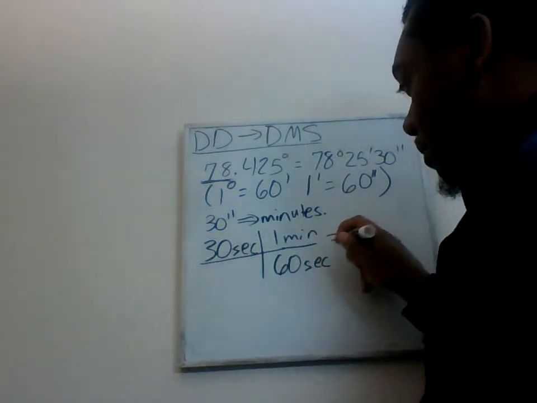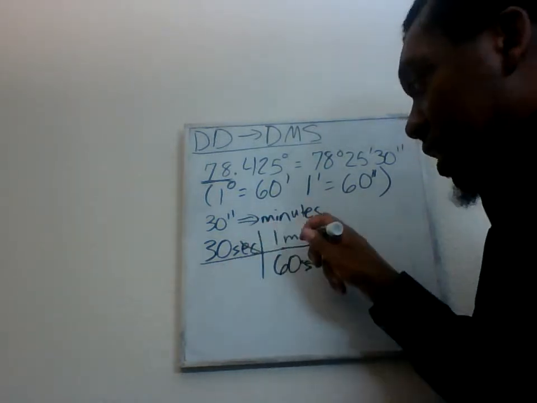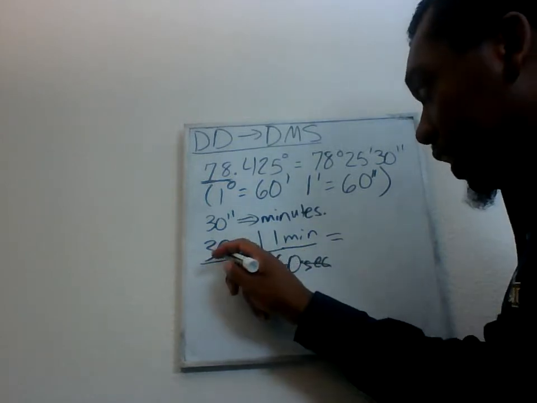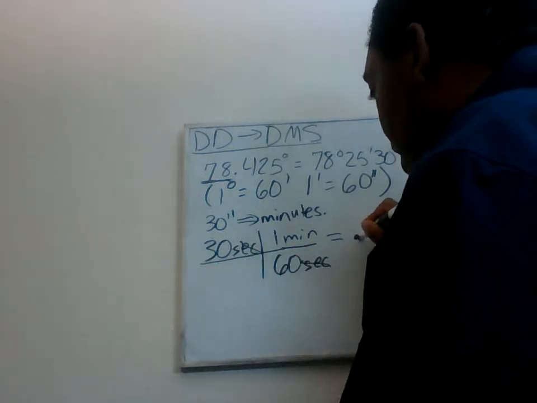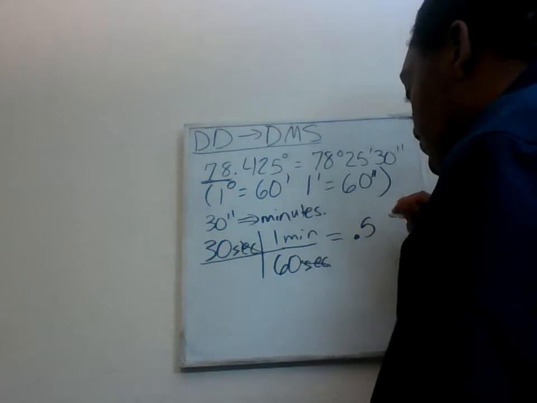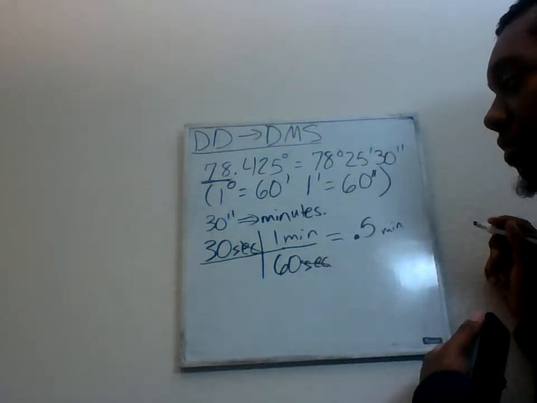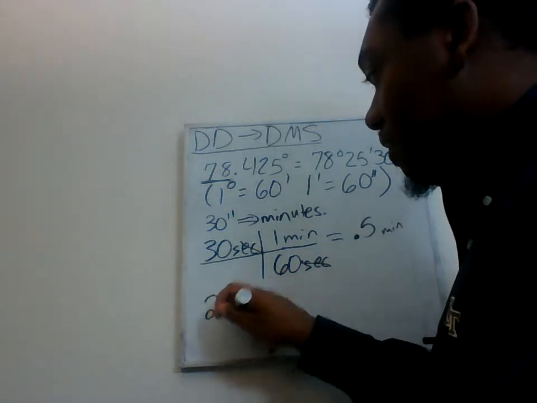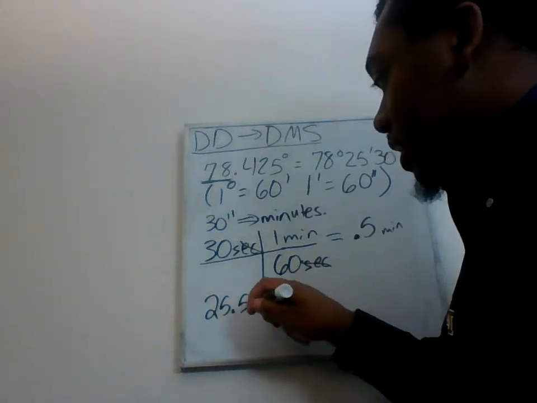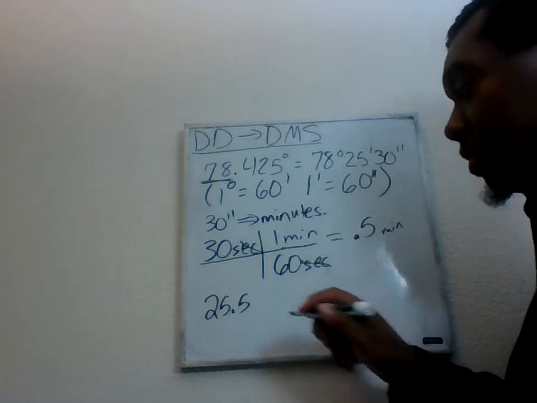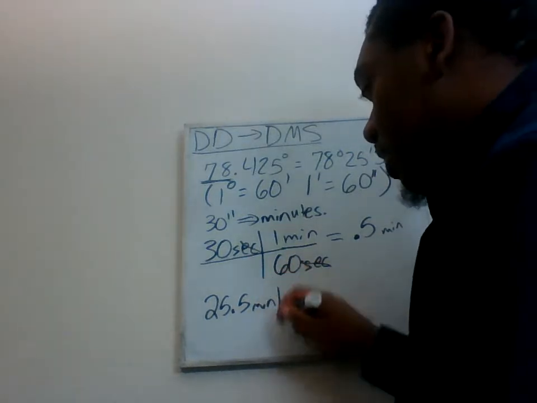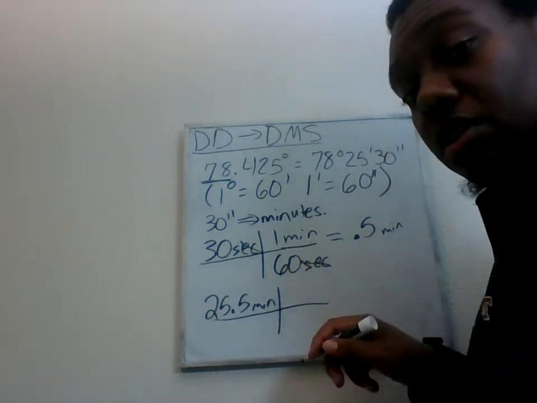But when I do this here, I can clearly see the seconds go away and my answer is in minutes now. So 30 divided by 60 would give us 0.5. So we got 0.5 minutes that we're now going to add to our 25. So if I take that, I get 25.5 total minutes that we have. And I'm now trying to change that to degrees.